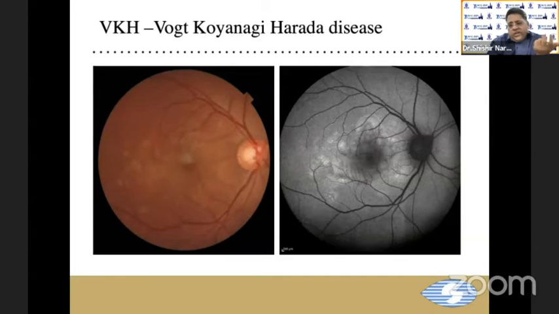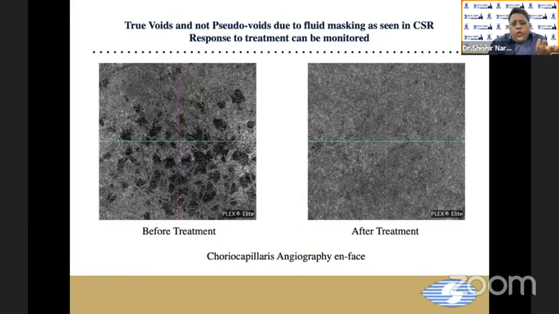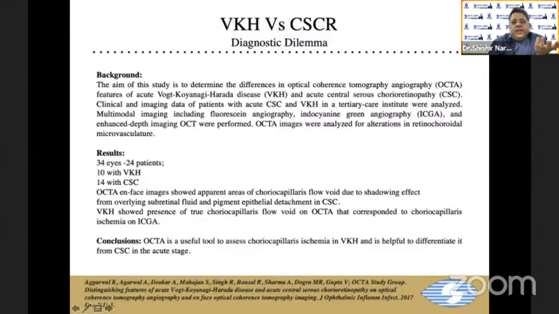This is VKH. We now know that there is fluid here and large voids are present, and these are true voids, and they can be monitored serially, and they correlate more with the ICG angiography, and after treatment there is a complete resolution.